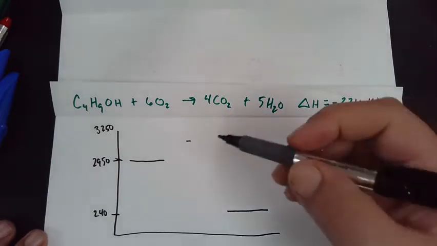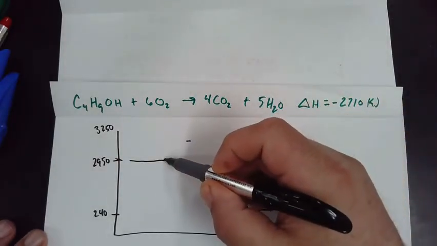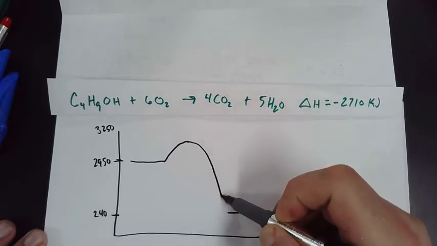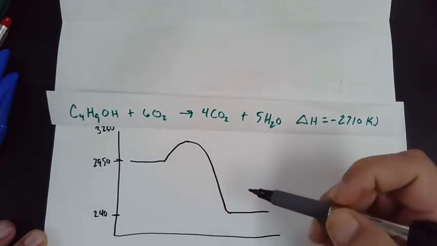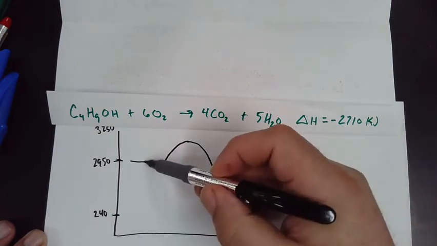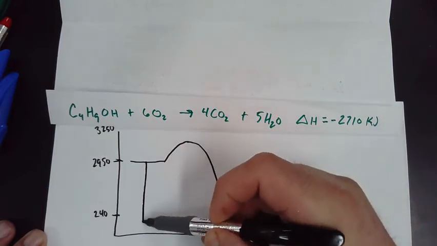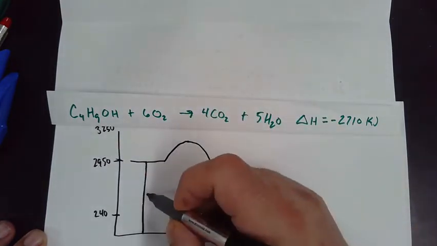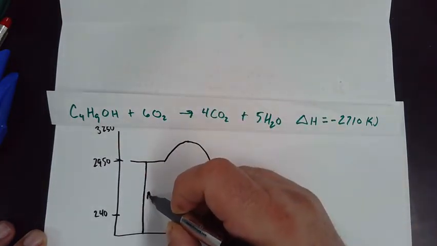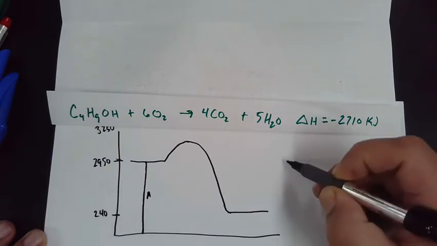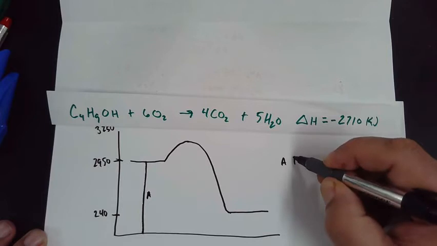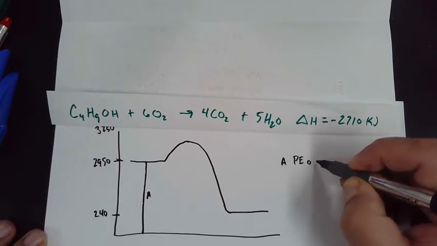All right, so now we got to connect this. All right. So first thing here, what is this measurement that says it's 2,950 going to be called? We'll label this A. What is A? Potential energy of the reactants.